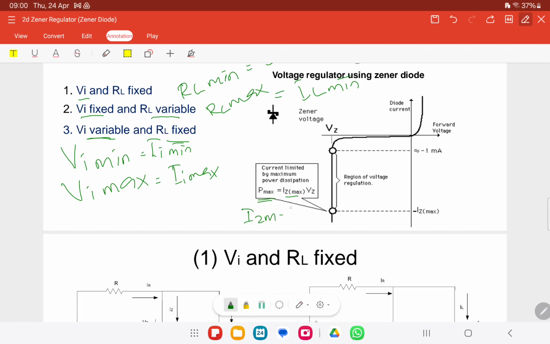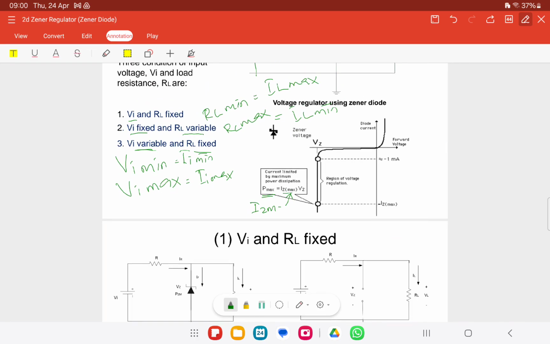IZM equals IZ max, meaning this is the maximum Zener diode current value allowed to flow in the Zener diode. If it is more than that, the diode might be destroyed. So for these calculations, we need to determine what value is acceptable to flow.